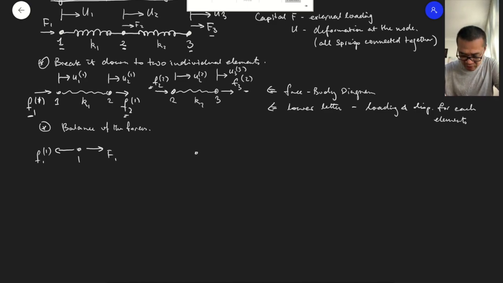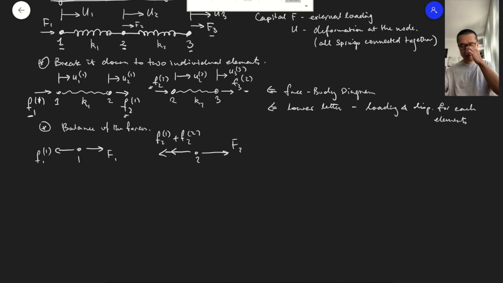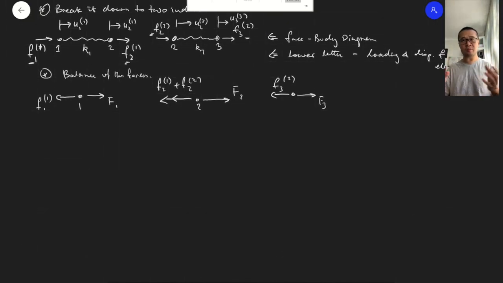Similarly, on node 2, the external loading must balance all the forces from the springs. And similarly, we can write that for F3: F3 must balance all the forces from spring 2. So we have the basic finite element setup for these two springs.